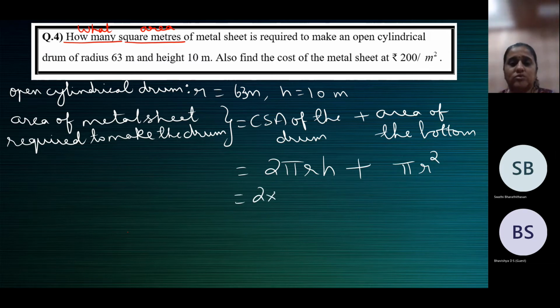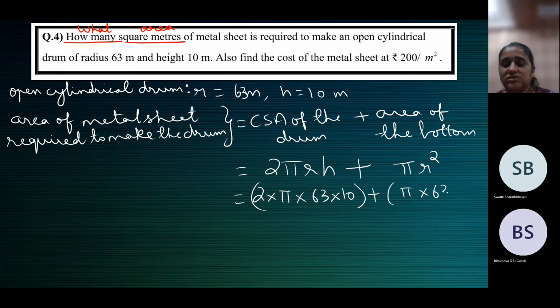So 2 into pi into radius 63 into height 10, plus pi into r square, 63 into 63. So this is going to be 63 into 20, 1260 pi plus 63 into 63, 3969. 3969 pi.